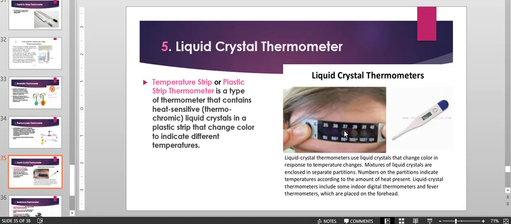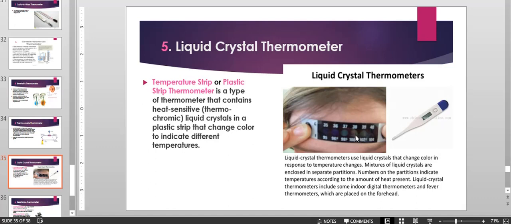When the temperature of the person's body is below this normal body temperature, then the crystal will glow with a blue light. Whereas if the temperature of the person's body is greater than 37 degrees Celsius, this indicates a little bit of fever or high temperature, and the crystal will glow with different colors.